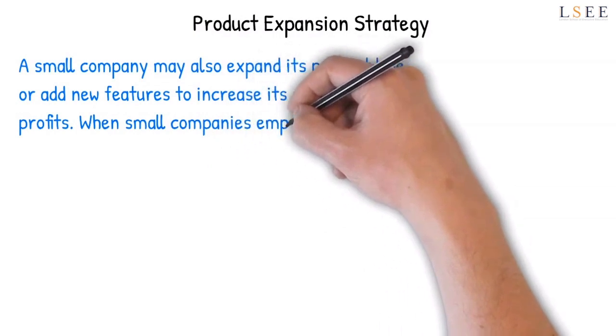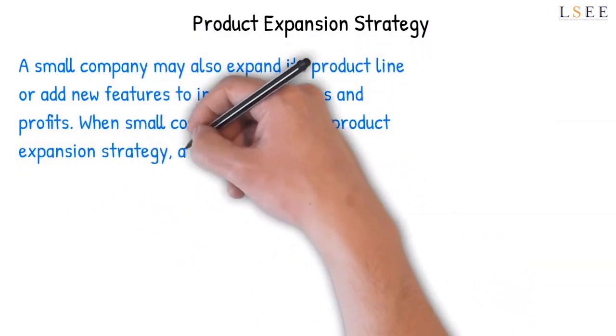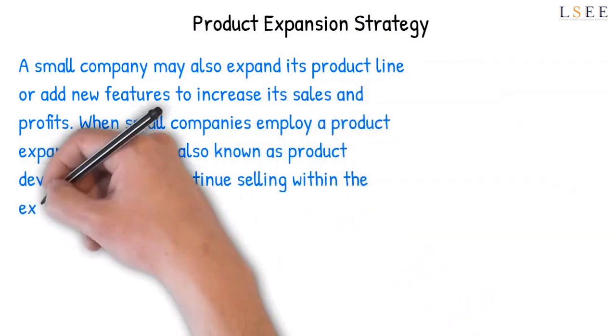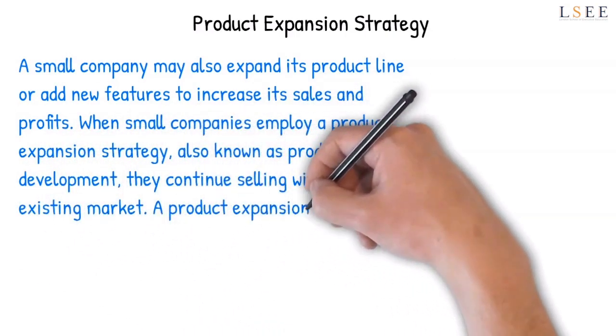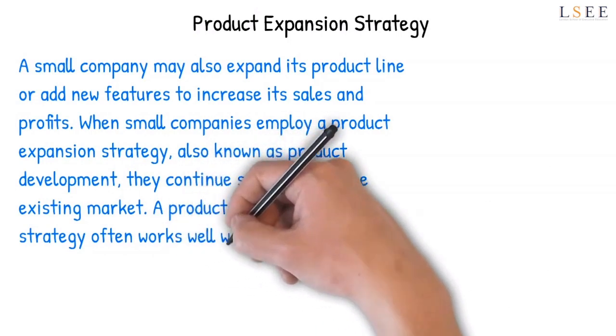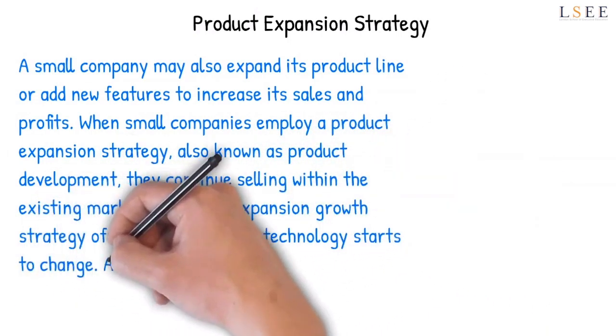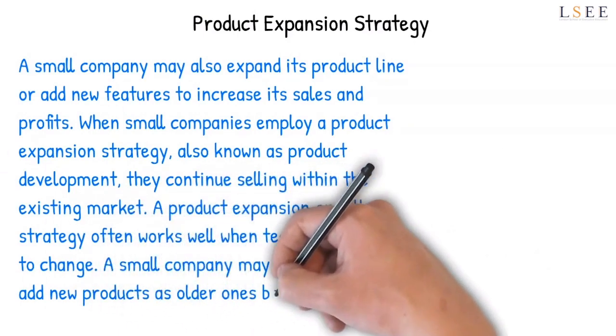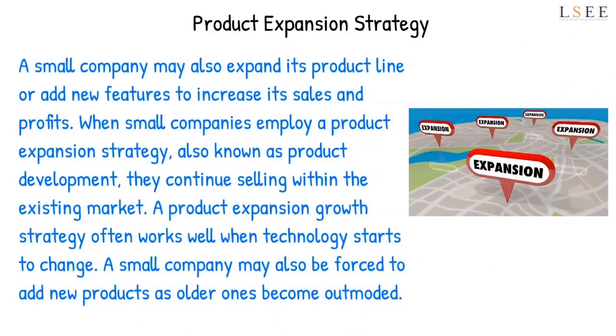When small companies employ a product expansion strategy, also known as product development, they continue selling within the existing market. A product expansion growth strategy often works well when technology starts to change. A small company may also be forced to add new products as older ones become outmoded.